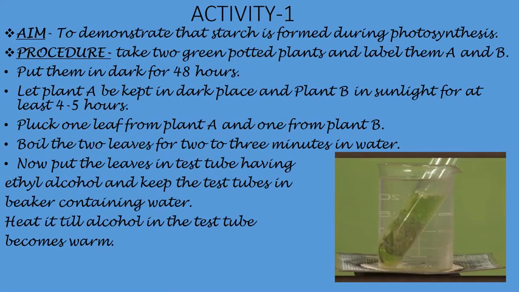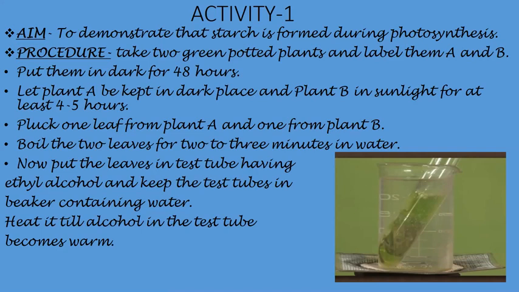Take 2 green potted plants and label them A and B. Put them in dark for 48 hours. Let plant A be kept in a dark place and plant B in sunlight for at least 4 to 5 hours.